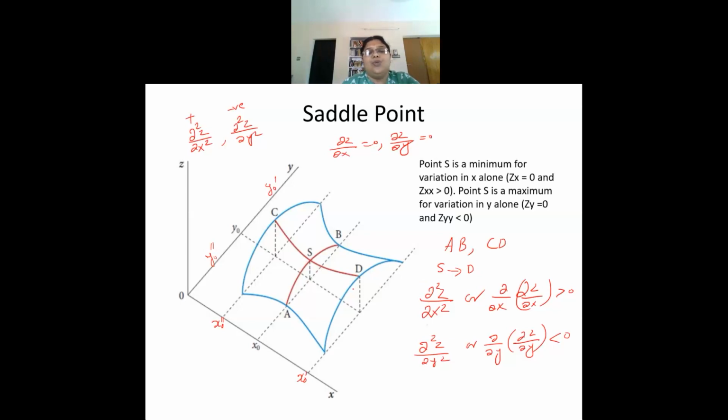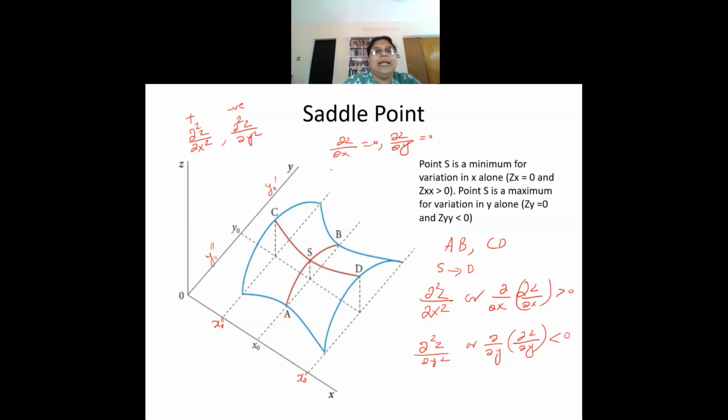As you move from point S along the curve AB, it indicates that ∂²z/∂y² is less than 0. But on the other hand, when you move along the curve CD from point S, either to D or to point C, it indicates that ∂²z/∂x² is greater than 0.